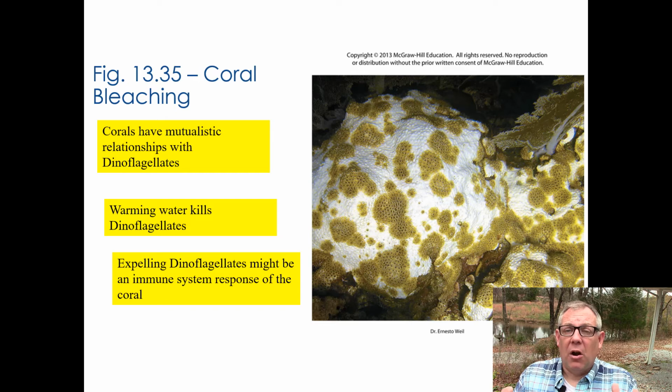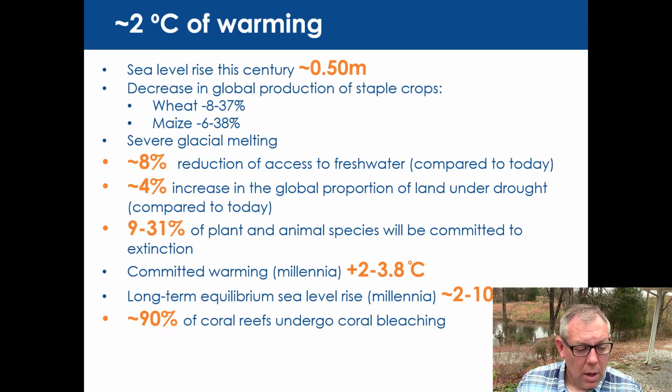And coral reefs are very important ecosystems in the marine and saltwater areas. And so when you lose coral reefs, you lose a tremendous amount of diversity. Again, remember, think about that community and those interconnected species. With about 2°C of warming, you're looking at lots of glacial melting. Again, we're not going to go through all of these things, but you're looking at 90% of coral reefs bleaching.